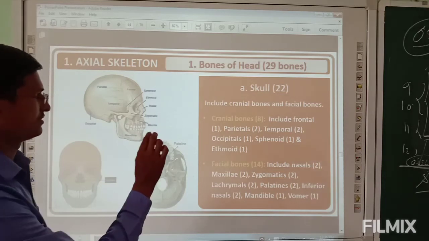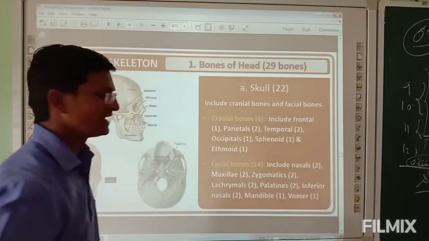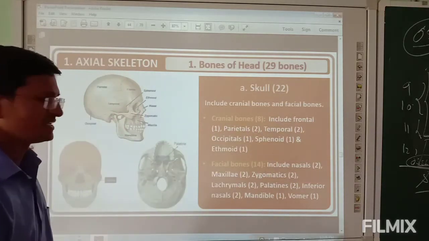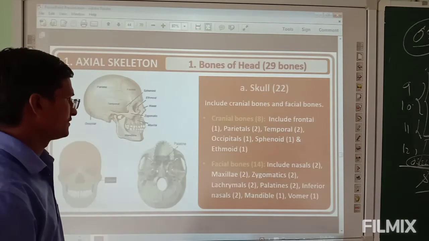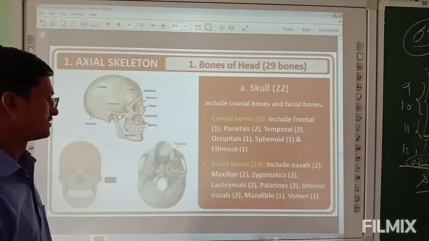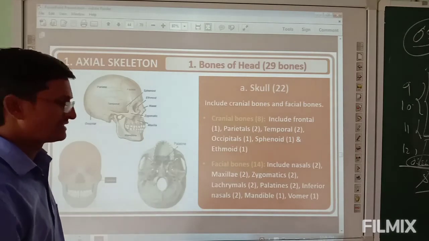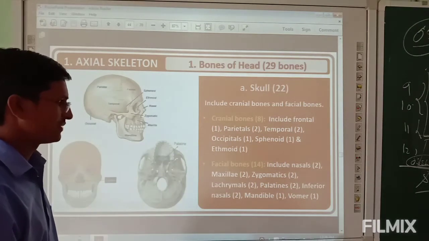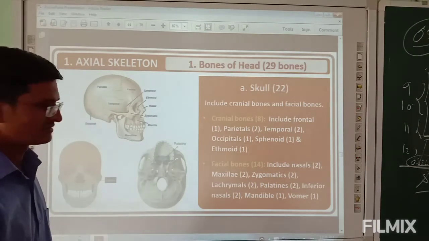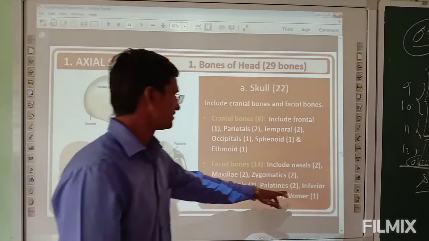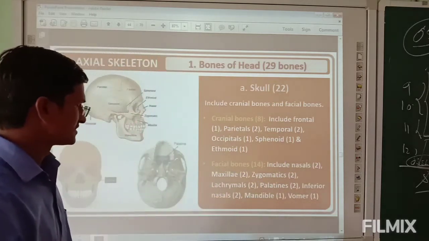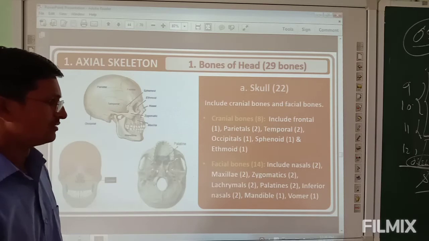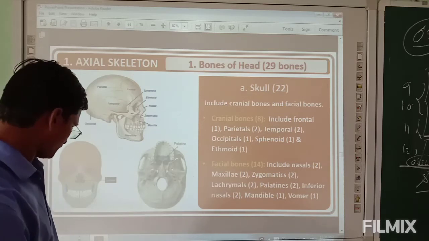The facial bones are nasals, maxillae, zygomatic, lacrimal, palatine, inferior nasal conchae, mandible and vomer.